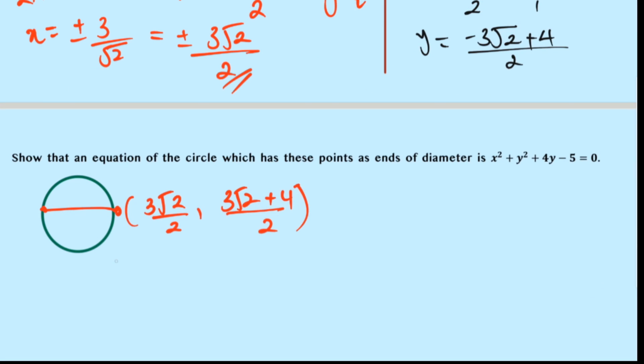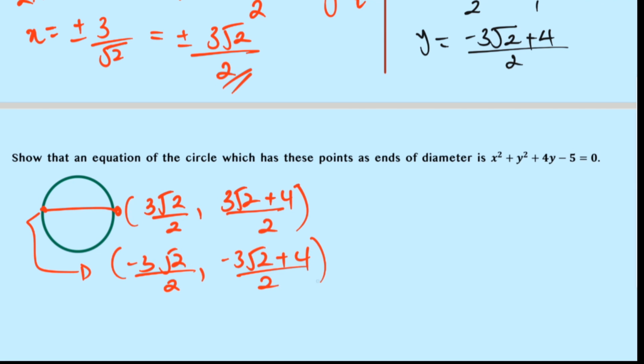On the opposite side, we're going to have negative 3 root 2 over 2, comma, negative 3 root 2 plus 4 over 2. And there we have it.